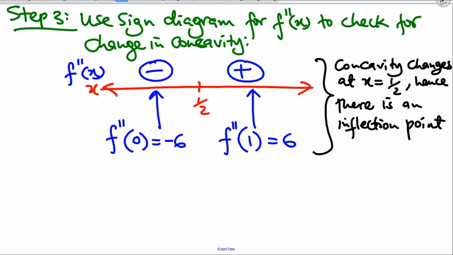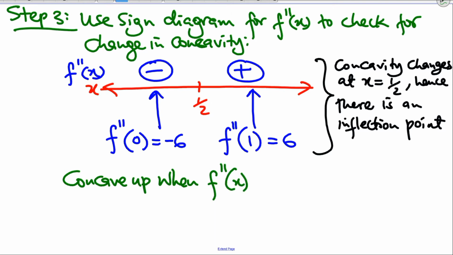In fact, where it's positive, that means it's concave up, and where it's negative, it's concave down. So we can actually answer that question here. We know it's concave up when the second derivative is greater than 0, which means when x is greater than a half, on our sign diagram.